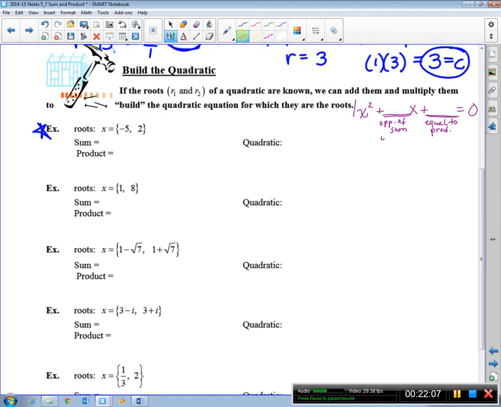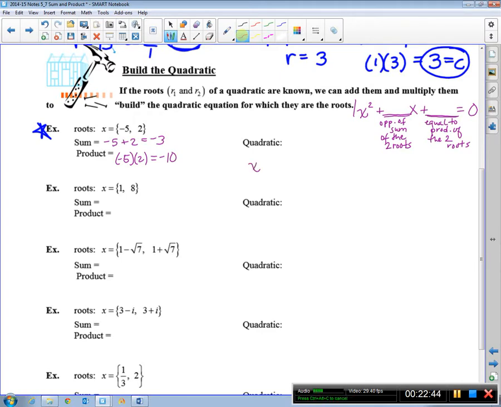And we're talking about the sum of the two roots, and we're talking about equal to the product of the two roots. So let's see what we have. If our two roots are -5 and +2, then they add up to -3. And they multiply to -10. Now these numbers are going to go into my quadratic.